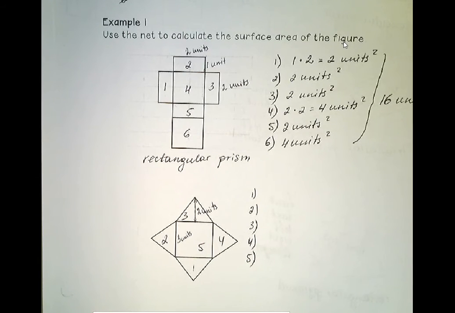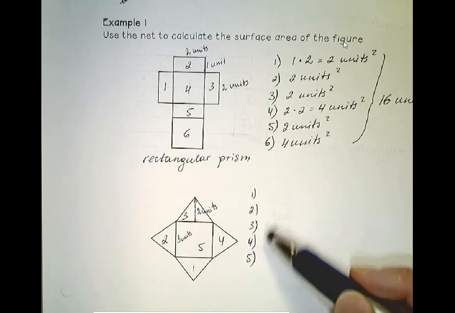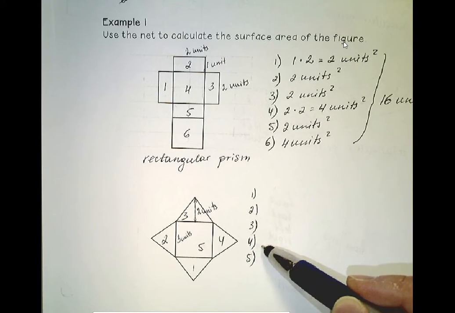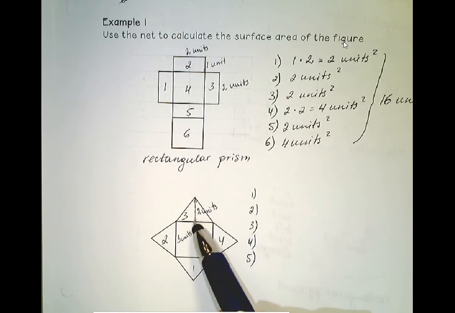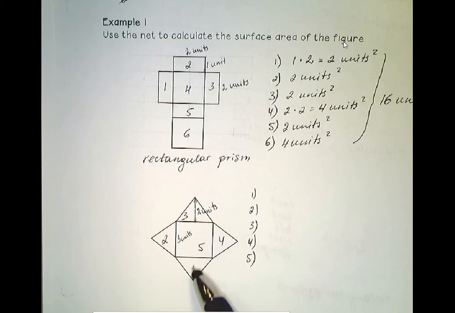And really, it's very easy to do because we know that these side triangles are exactly the same, so all 4 operations will have the same answer. For the first triangle, we have the side that is 3, and we have a height that is 2.